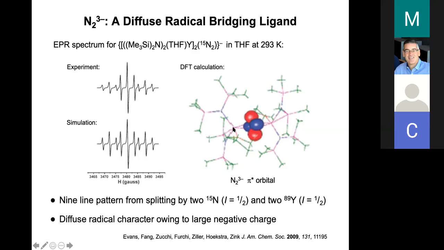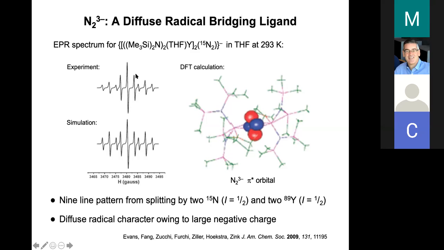You can see the structure here. This is the orbital that the unpaired electron of N2 3- resides in. Note that N2 3- has an odd number of electrons, and so it necessarily has an unpaired electron. And it is in this pi star orbital that you see here, which has delta type of symmetry with respect to the lanthanide metal ions on either side.